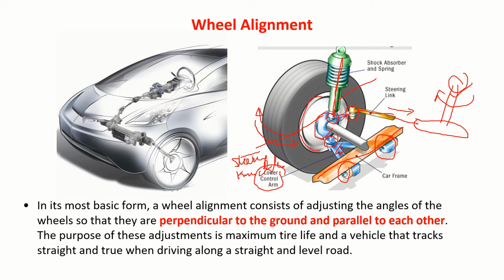So what angles should I maintain in this, or what geometry should we maintain when the vehicle is unladen and in stationary condition, so that when the vehicle is loaded and also moving, the wheels will remain perpendicular to the ground and also parallel to each other? That is what we are talking about. Those angles are what we call the wheel geometry.